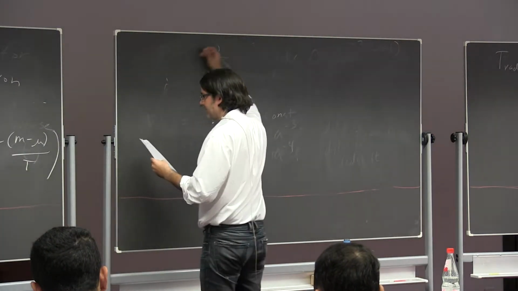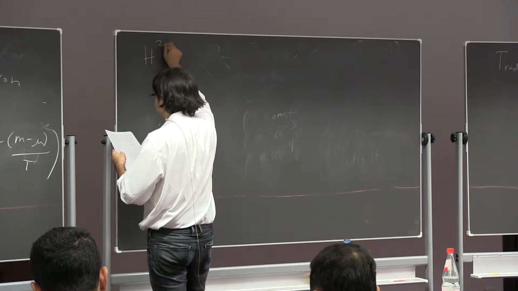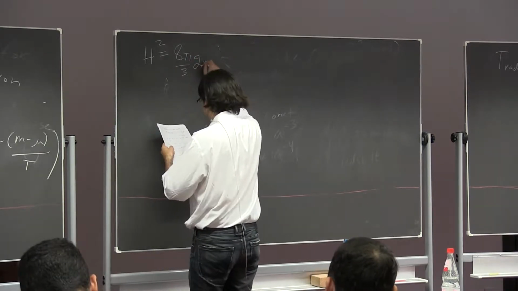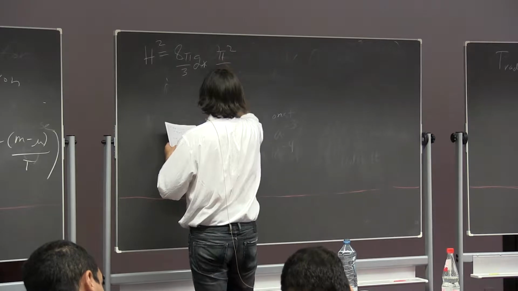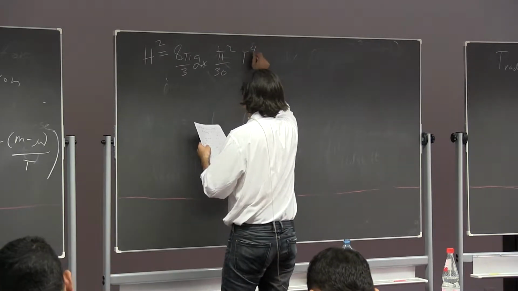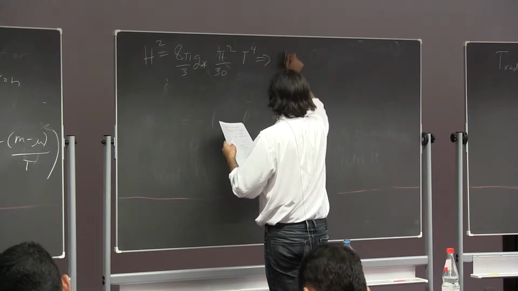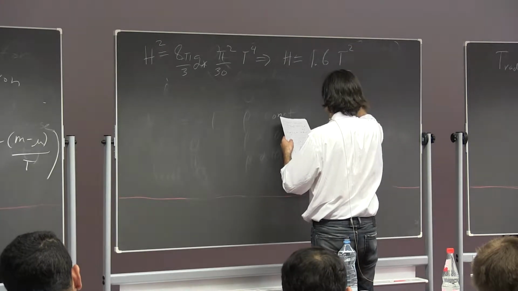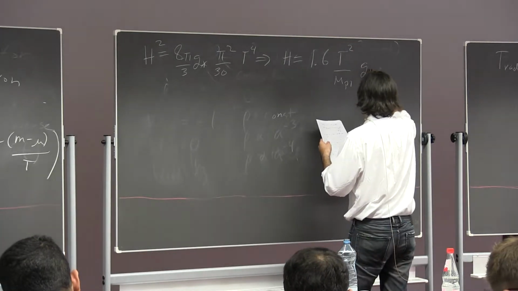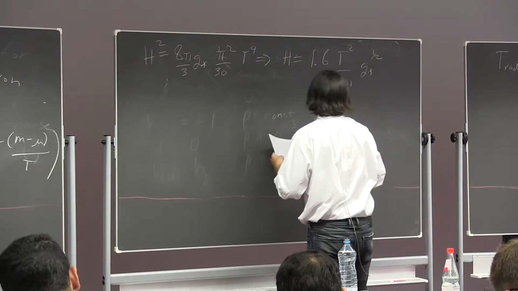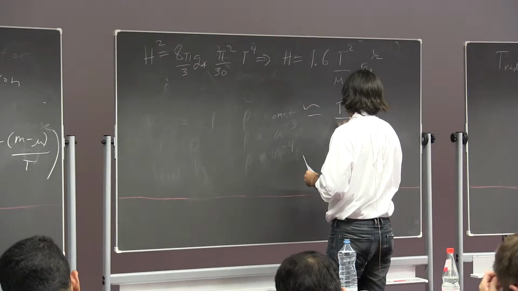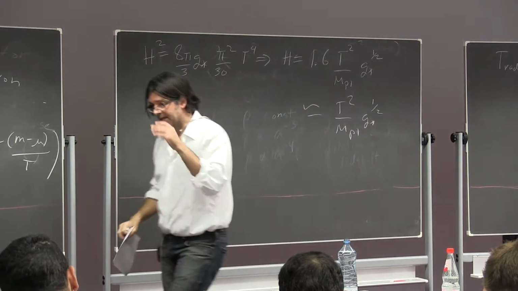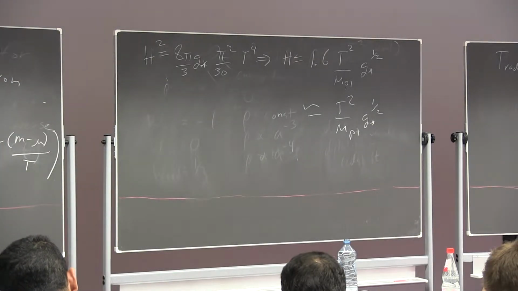So the Hubble parameter, if you have a radiation-dominated universe, gives you a Hubble parameter which is approximately T squared over M Planck in the early universe.